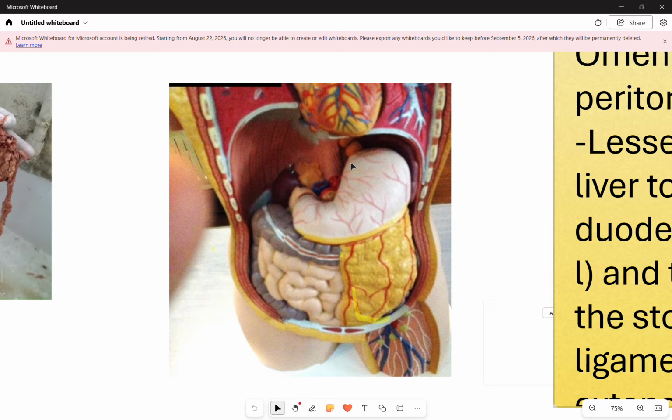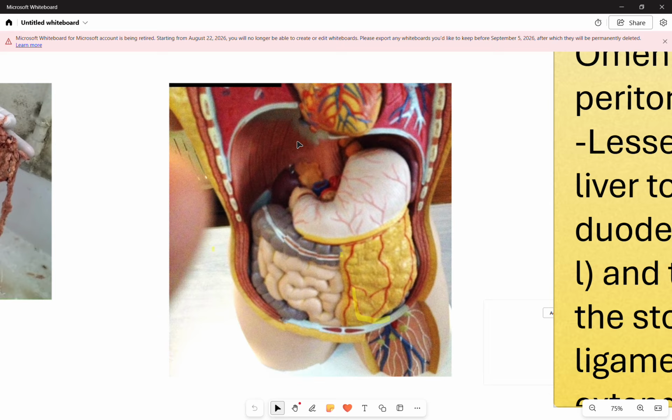The lesser omentum is along the lesser curvature of the stomach, and the greater omentum is along the greater curvature of the stomach. The lesser omentum extends from the undersurface of the liver to the lesser curvature of the stomach. It's a fold of visceral peritoneum.